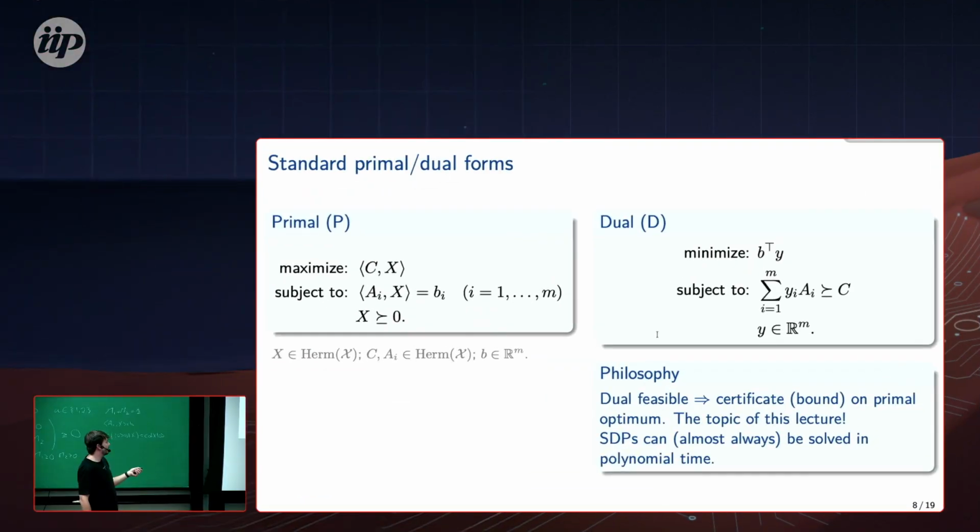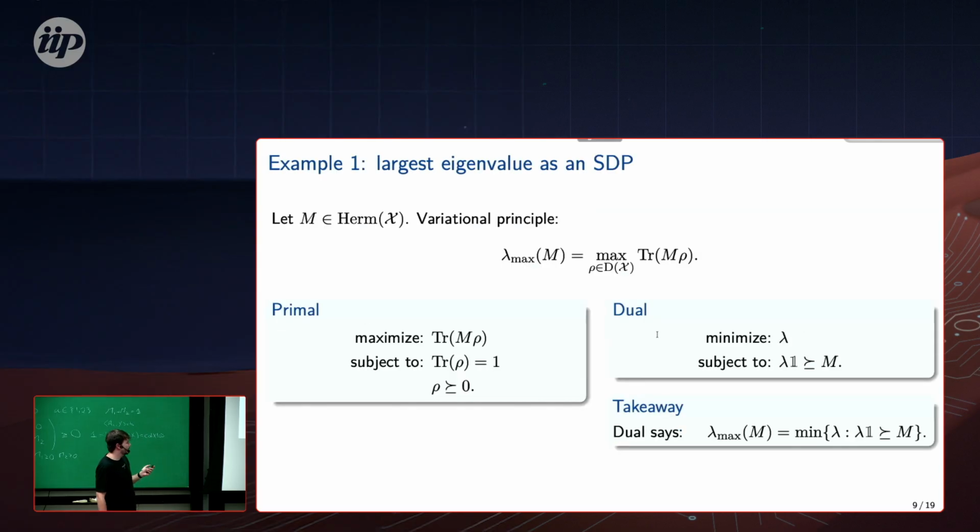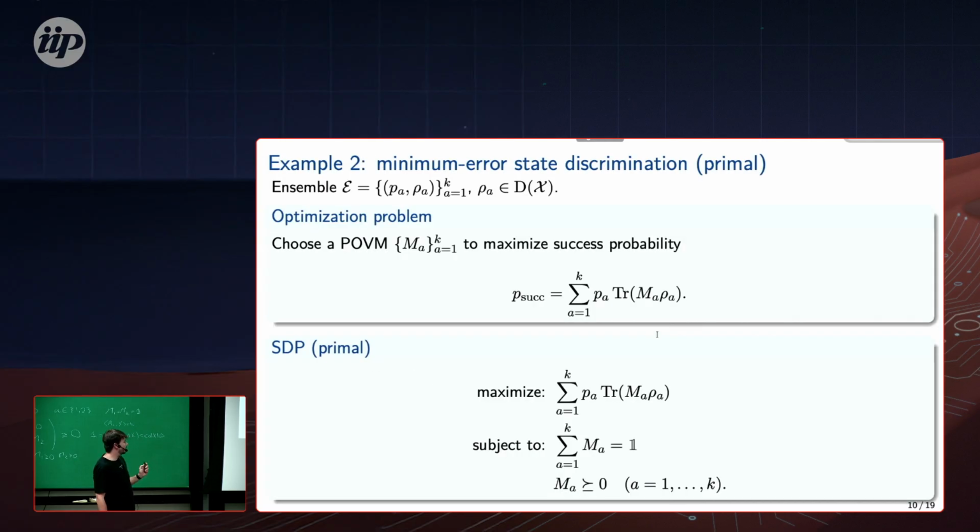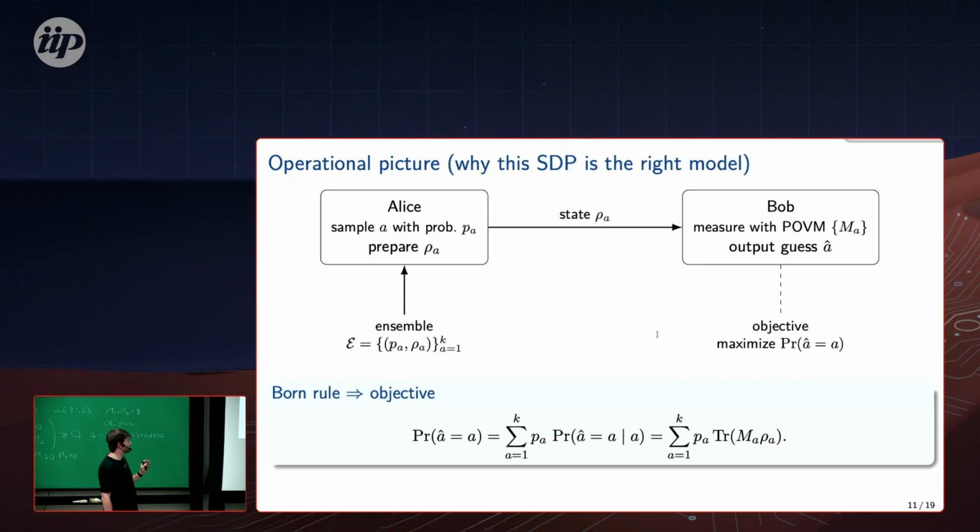I will not show you all the tricks, but tomorrow we're going to do 2 more that hopefully give you some practice and show that sometimes it's really not obvious how to do this. But if you play enough with these SDPs, you learn a few tricks. Okay, questions about these 2 examples?